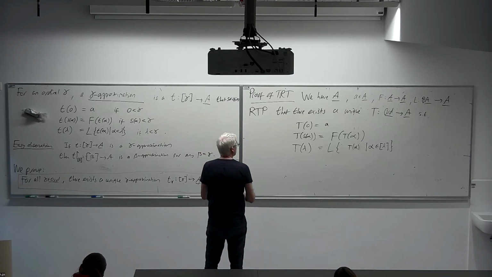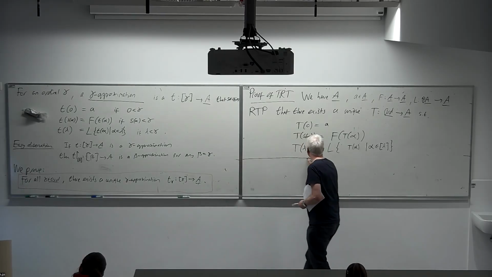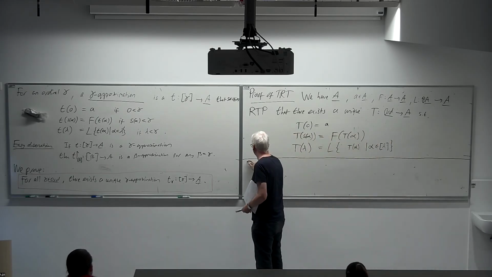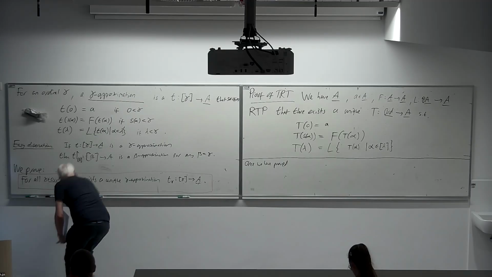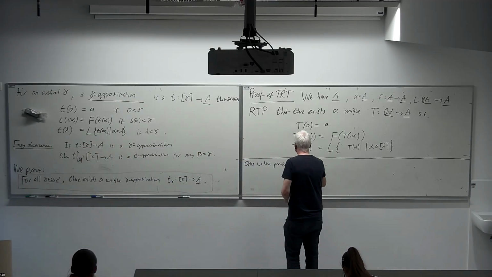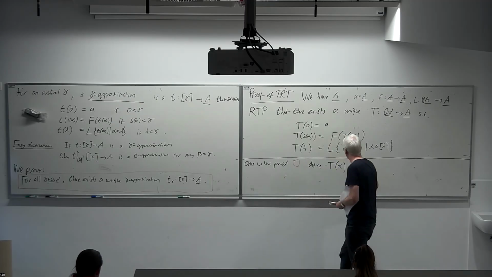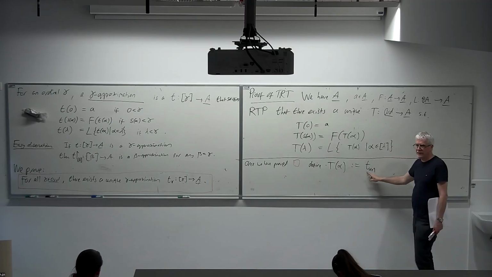And once we have proved the statement in the red box, we define T alpha to be the approximation little t at ordinal alpha plus 1 applied to alpha.